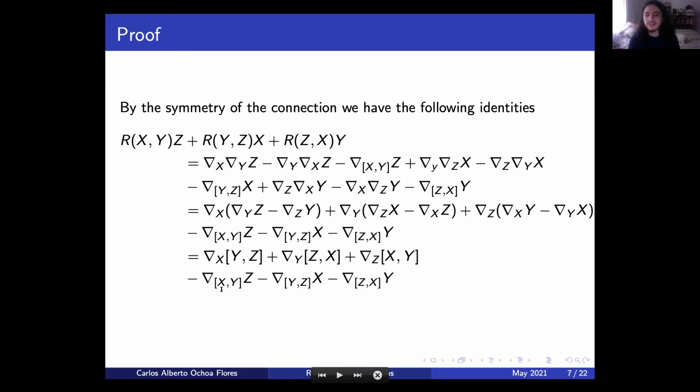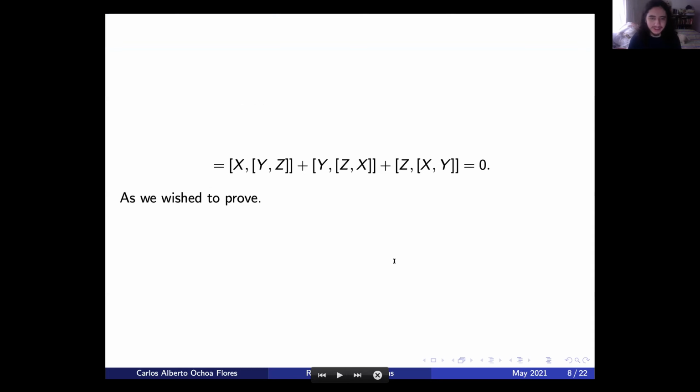And by symmetry, their difference is simply the Lie bracket of, for example, in this case, x and the Lie bracket of y and z. And in this case, it would be the Lie bracket of y and the Lie bracket of z and x, and the Lie bracket of z and the Lie bracket of x and y, similarly here. So we arrive at this, and this is precisely the Jacobi identity. So this is 0, and that's what we wish to prove.